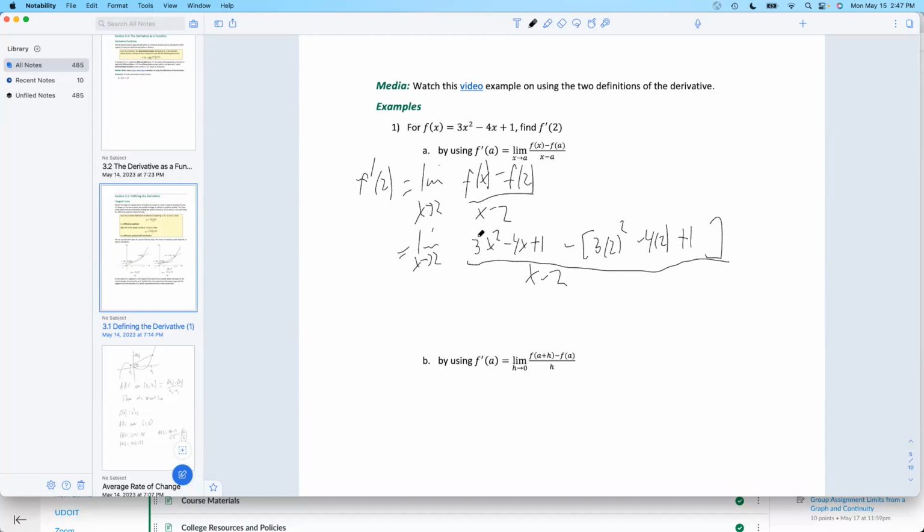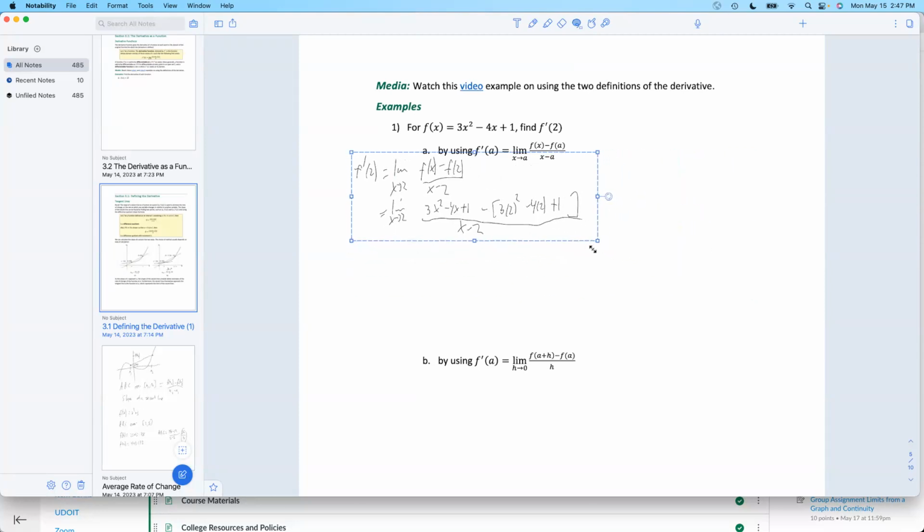So this right here was f of x minus, here's f of 2. Make all that a little smaller so I have space. Okay, let's clean up a little bit.